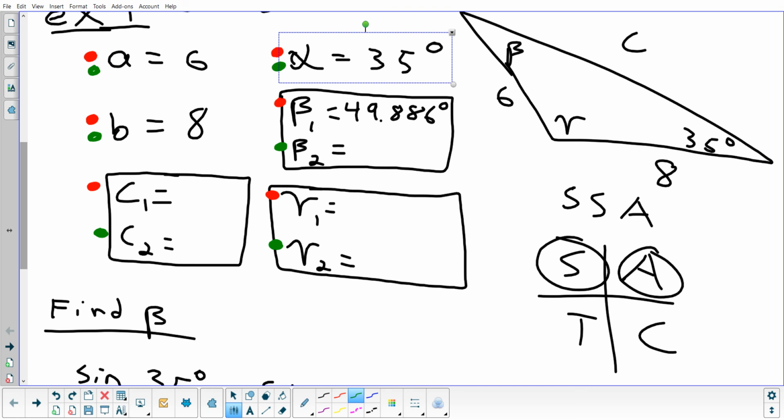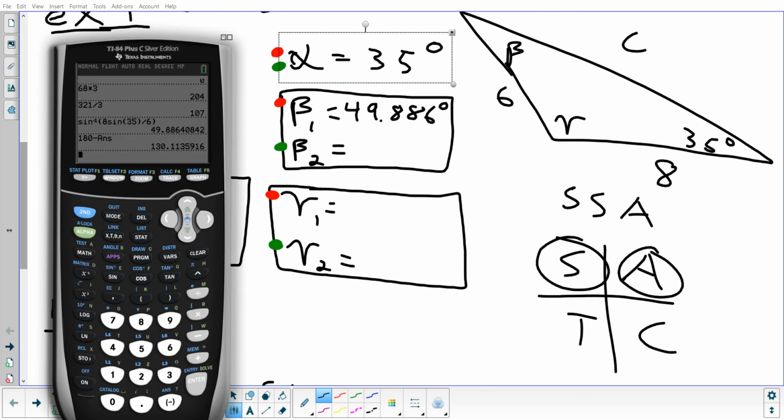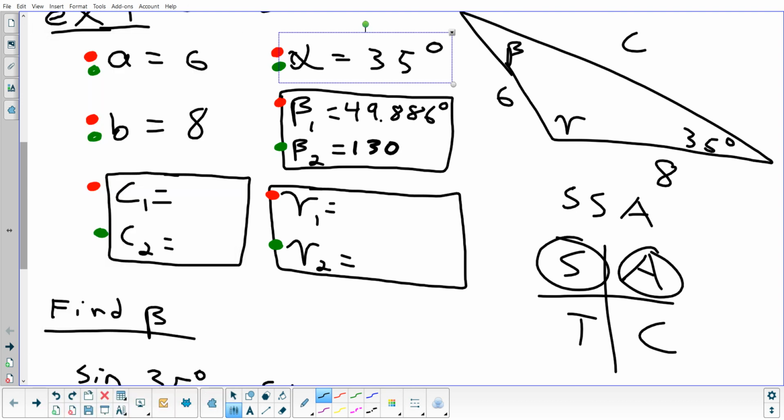So we're doing the red problem and the green problem, 2 separate problems. All right, so let's write down what we had for beta 2, 130.114.